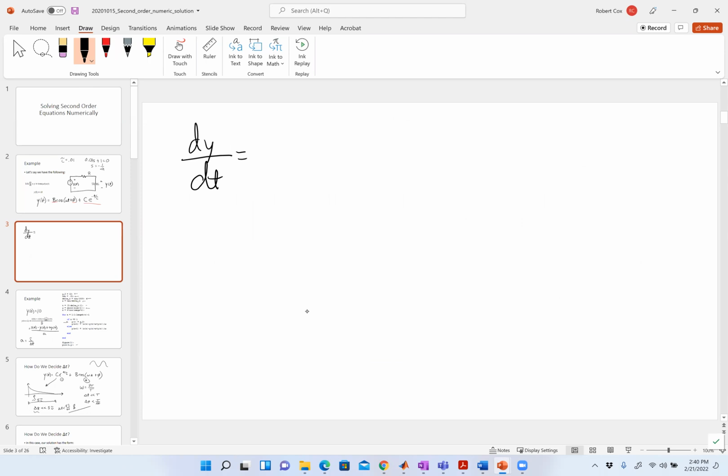Rise over run. Which in the context of a linear function is rise over run. But if I expand that to any function, it becomes what? What's the top part? Yeah, y of t at some point in the future minus now, all over delta t.